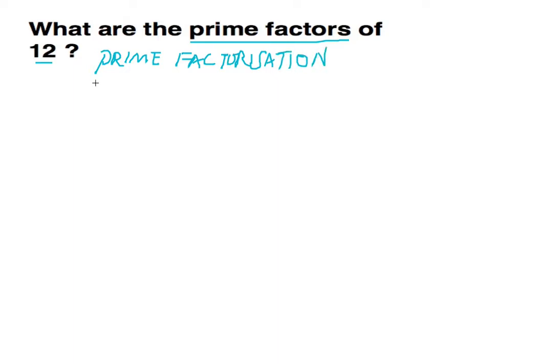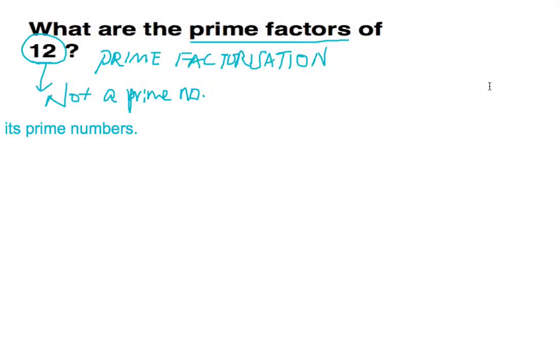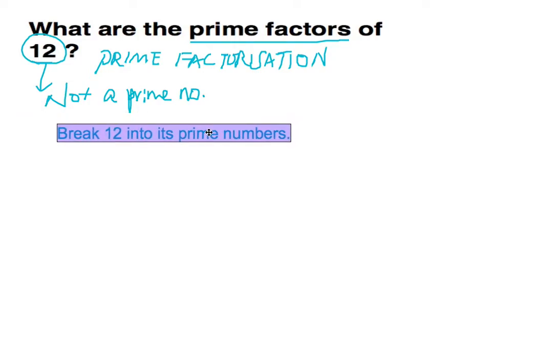We want to break 12, which is not a prime number, into its prime numbers. So we have to keep this in mind. Right, so how do we do it?